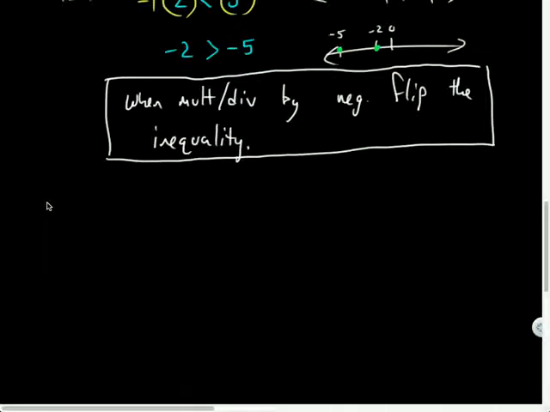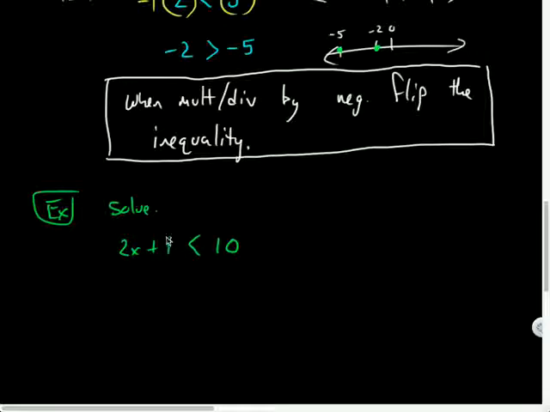So let's do an example. Solve. What if I've got 2x plus 1 is less than, let's say, 10.